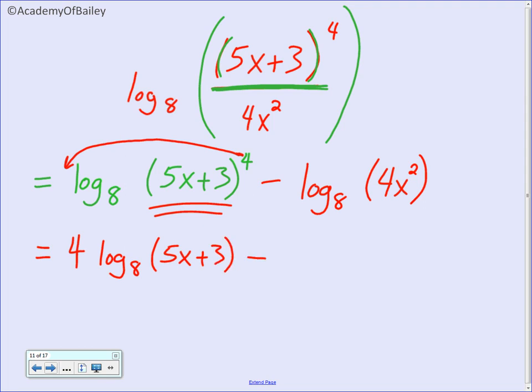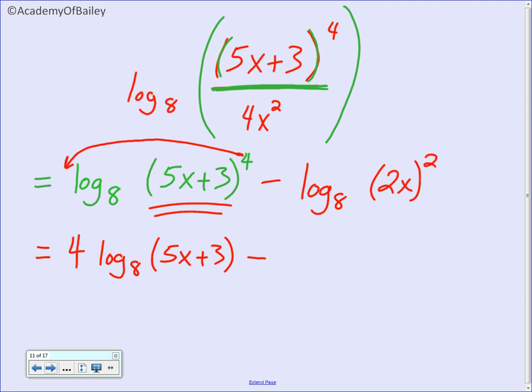Then we have minus. And now if you look here, 4x squared, I know 4 is 2 squared. So if I have 2 squared x squared, won't that just become 2x squared, because everything inside the parentheses was raised to the second power.